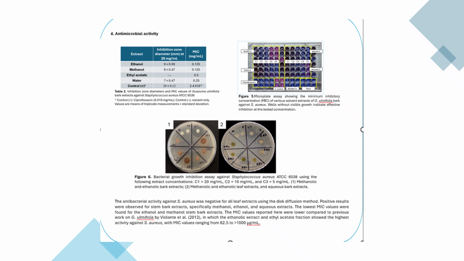The MIC values reported here were lower compared to previous work on G. ulmifolia by Violanti, in which the ethanolic extract and ethyl acetate fraction showed the highest activity against Staphylococcus aureus with MIC values ranging from 62.5 to greater than 1,000 micrograms per milliliter.